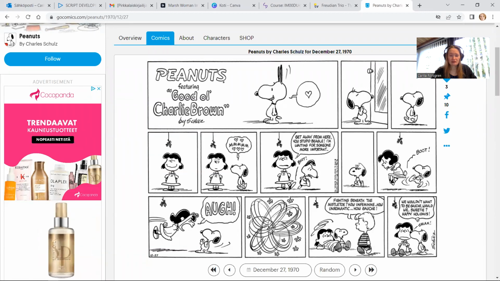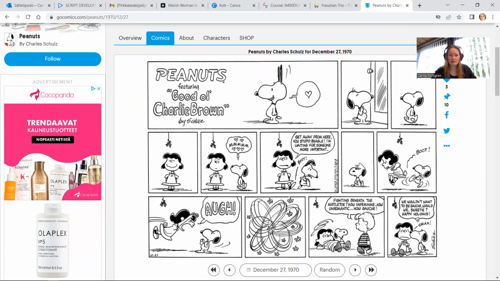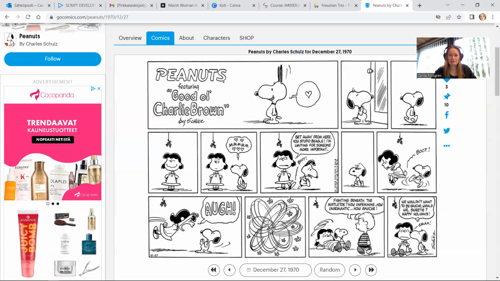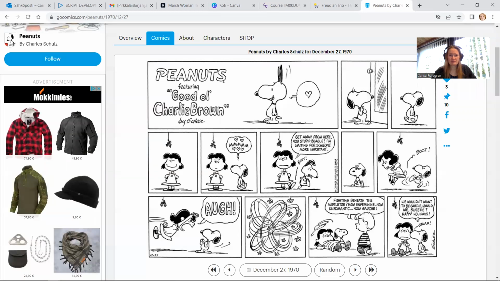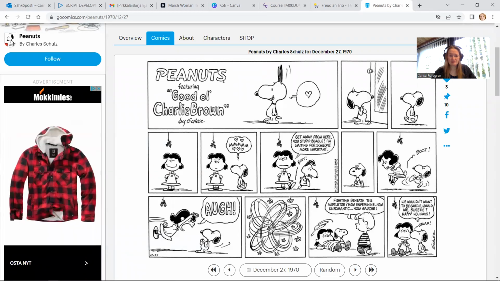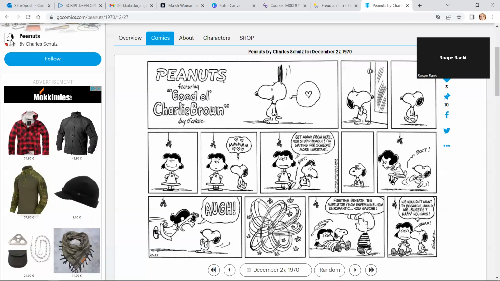Okay, what's the relationship between Snoopy and Lucy? What would you say? How would you describe it? Well, it's a bit antagonistic.